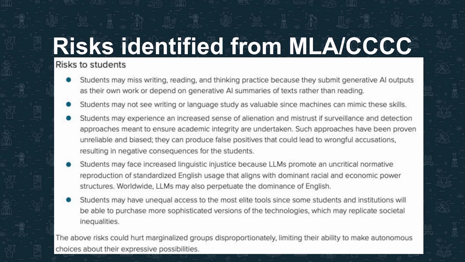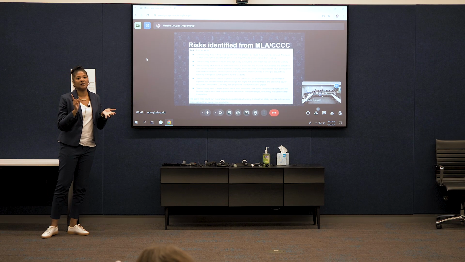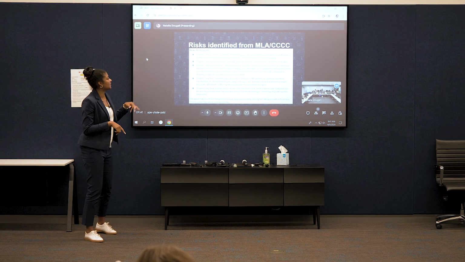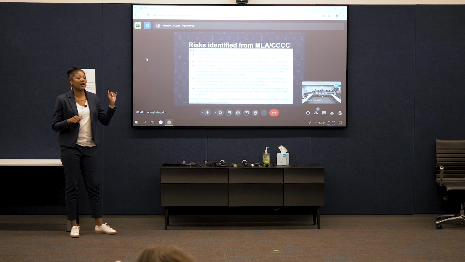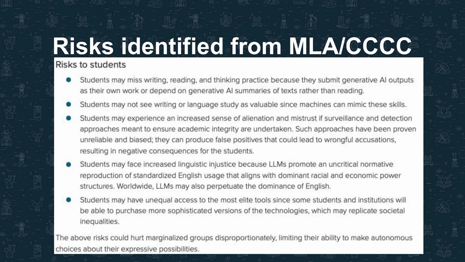And so I'm going to show the next couple of slides, just a few screenshots from the Modern Language Association and the 4 Cs. They're the governing body of composition, English education and communication, and they are drafting a position statement on AI in writing instruction. And these are some of the risks that they've identified.